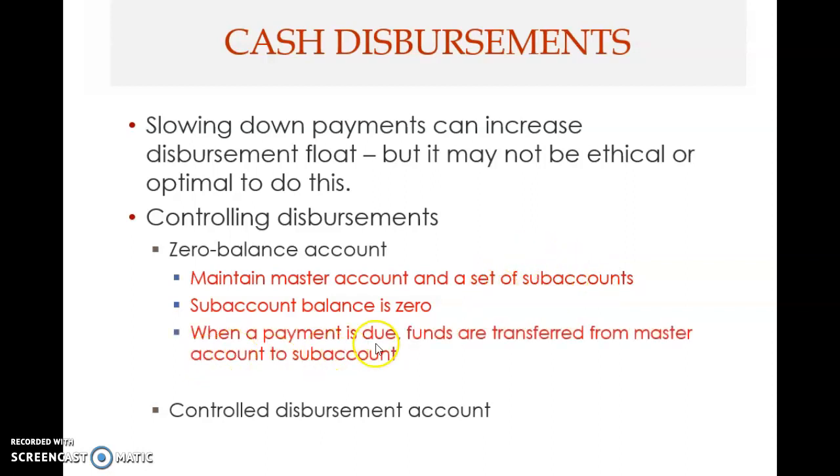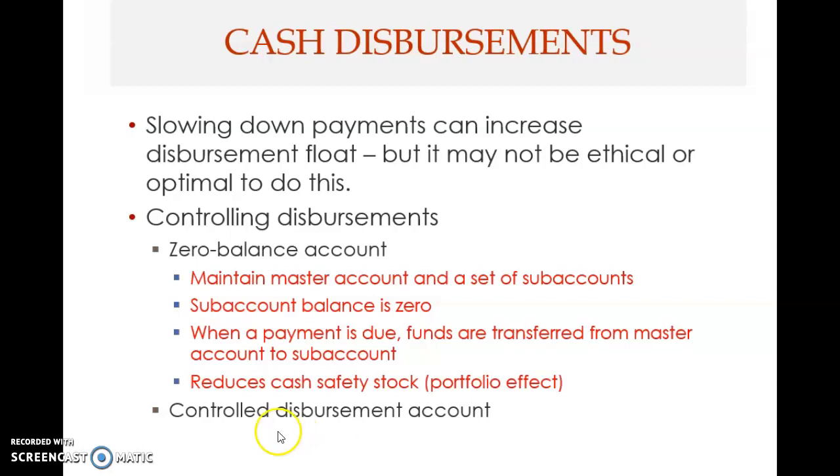When a payment is made, funds are transferred from the master account to the sub-account. So the sub-accounts are just to make payments. By doing that, this reduces the cash safety stock. This is a portfolio effect. We have seen this in chapter 13. By combining different stocks in a portfolio, you can reduce the risk of the portfolio.